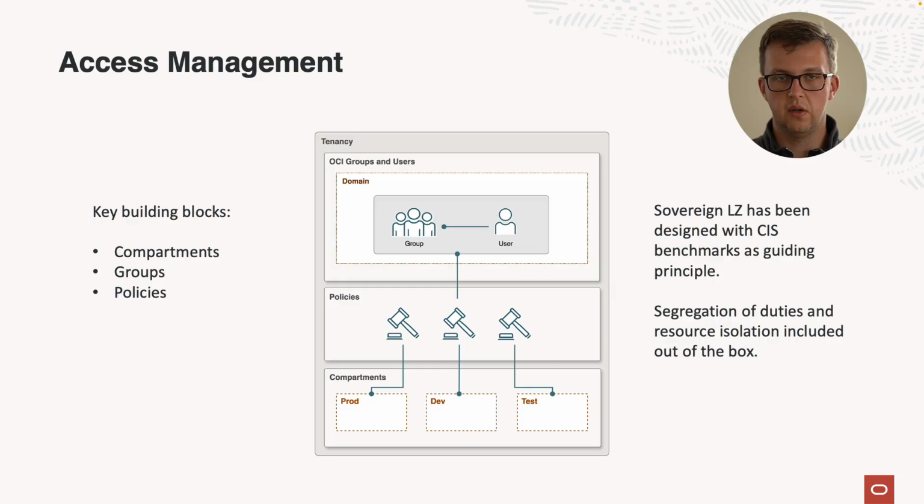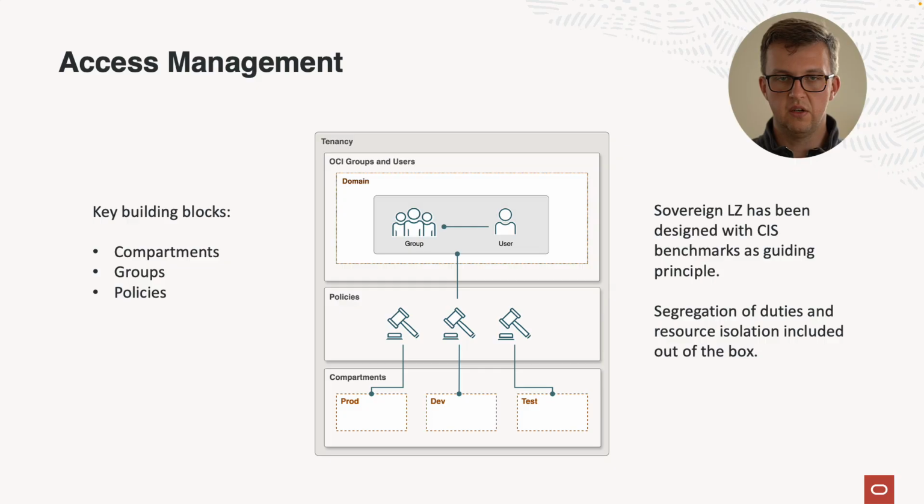Landing zone uses core OCI services like compartments, groups, and policies to implement a comprehensive approach to access management. Compartments are used as a policy boundary for permission enforcement, but also serve for logical separation of resources and can be nested. Groups are collections of users within the identity domain. Policies bind permissions to a group in a specific compartment.